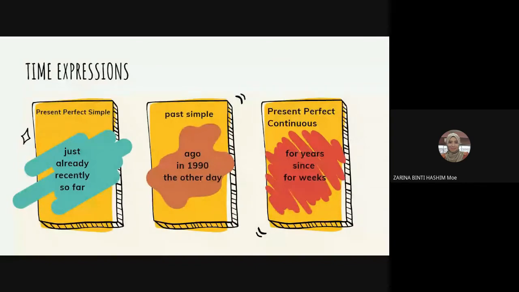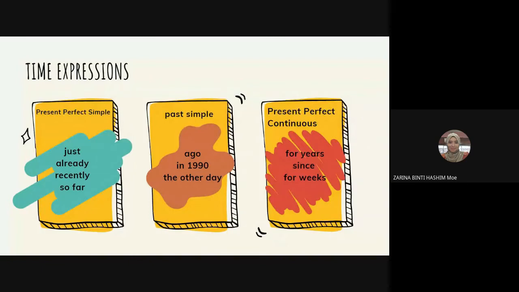I type the answers. 1A is went. And B, have already been. Okay, number 2, everyone has got the answers right.